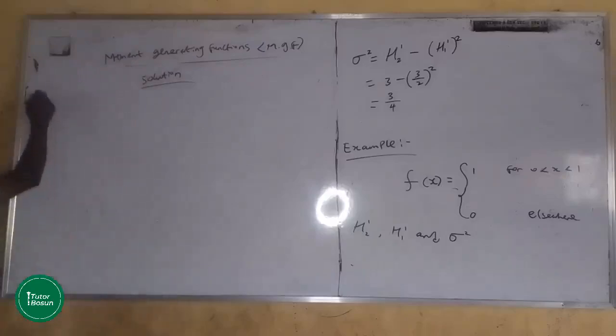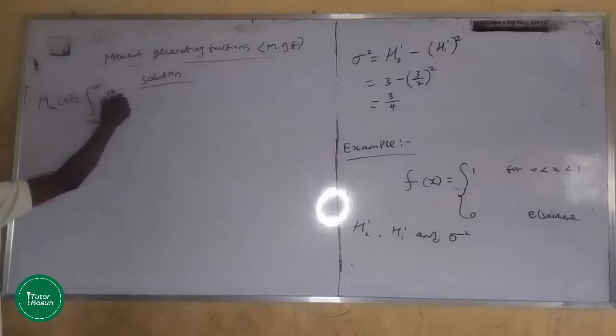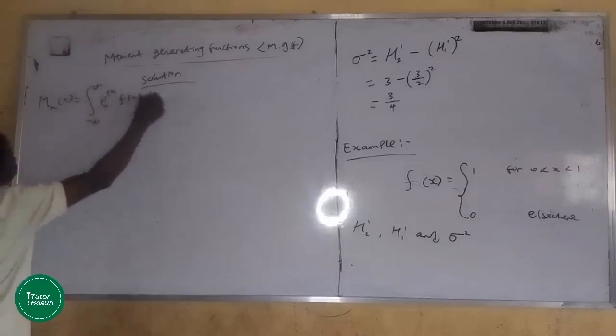So we know that is the probability density function. So recall for a probability density function, the moment generating function M of t is equal to the integral from minus infinity to infinity of exponential tx f of x dx.